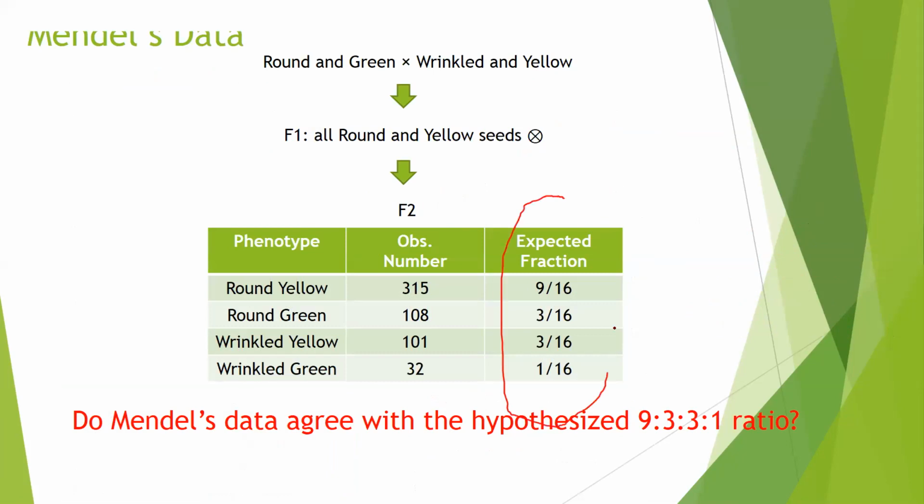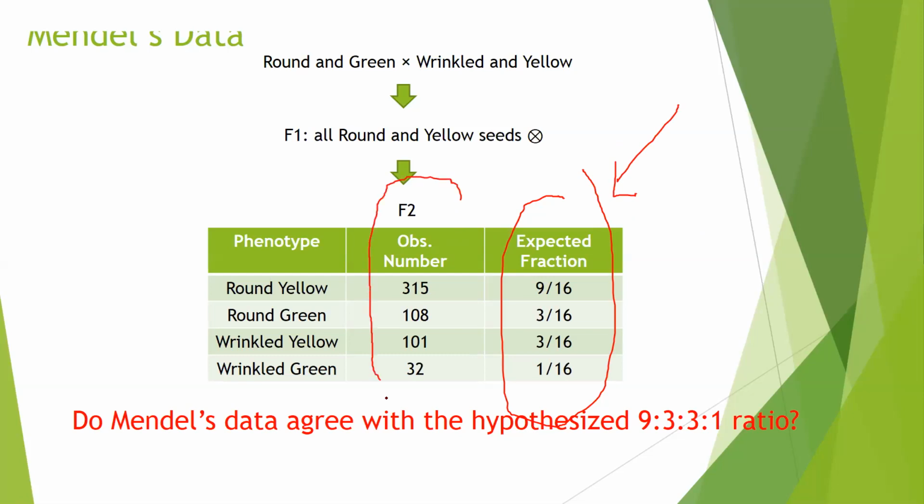As I mentioned, this is the expected ratio, expected fraction for the phenotypes, right? And what are these expected fractions based on? Actually, these expected fractions are based on Mendel's laws. So if his laws are true, then we can get these expected ratios or fractions.